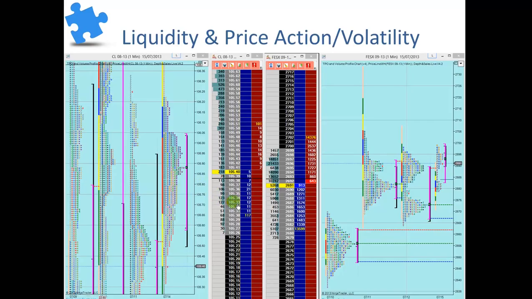So all it takes to know how liquid a market is, and to use order flow to predict how volatile your market is going to be on any day, is to take a look at the DOM once every 15 minutes. Get a feel for what level of liquidity is typical, and be prepared for the price action to change as the liquidity changes.